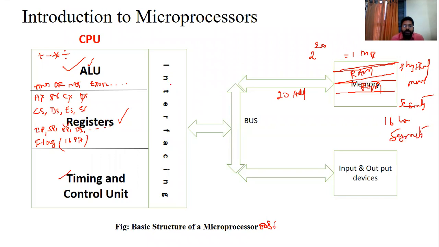Okay, so now we are going to discuss today's topic, the pin description and pin diagram. How many pins does the microprocessor have? You know that we have 40 pins. By using these 40 pins, we can connect the entire RAM and ROM memory as well as input-output devices.